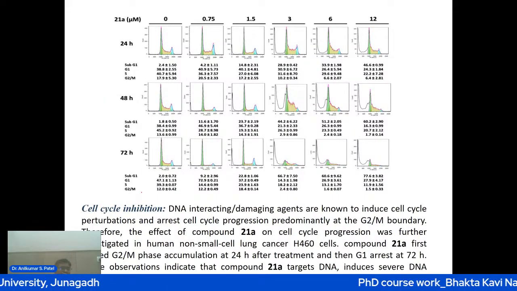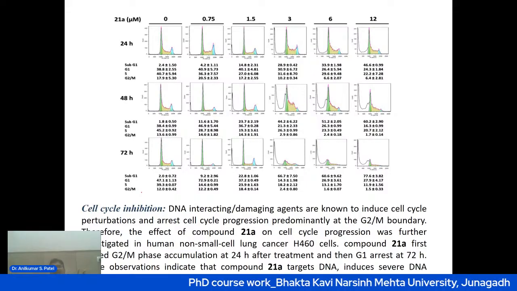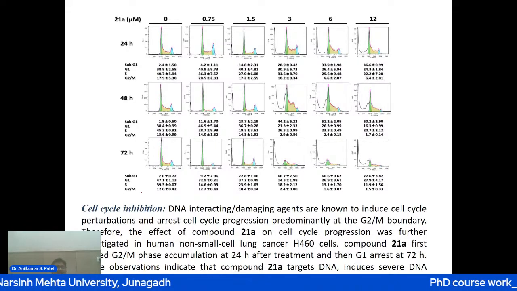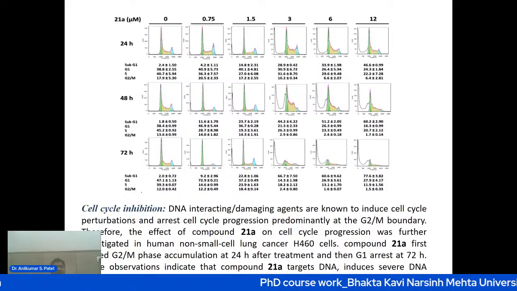So this cell cycle inhibition study gives an idea about DNA interaction or DNA damage, and how cell inhibition is possible through cell cycle inhibition.